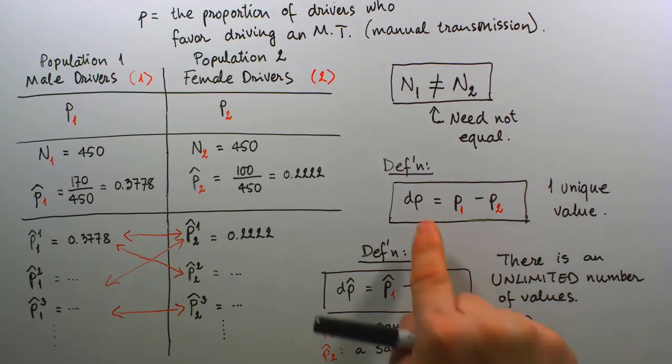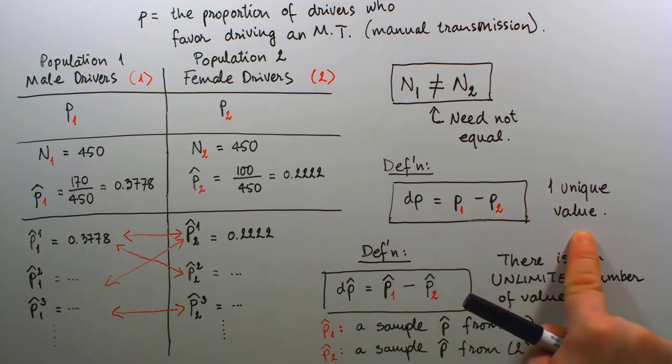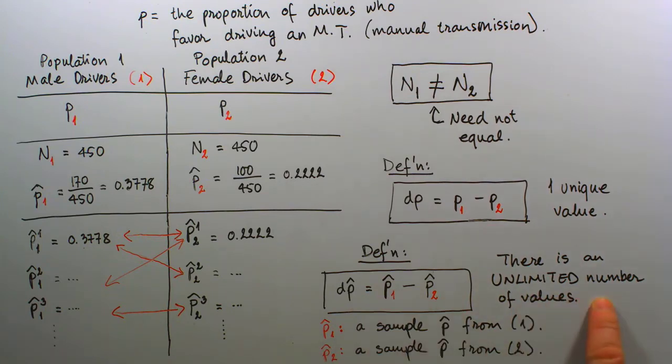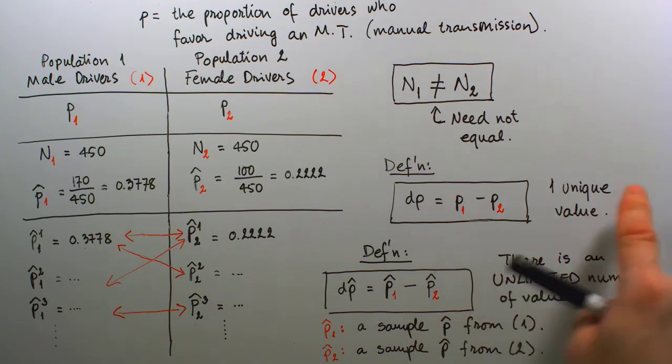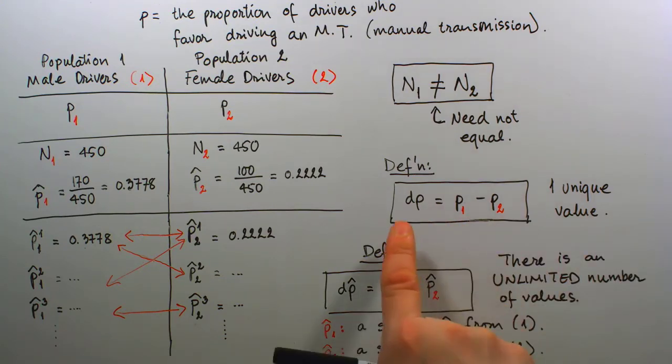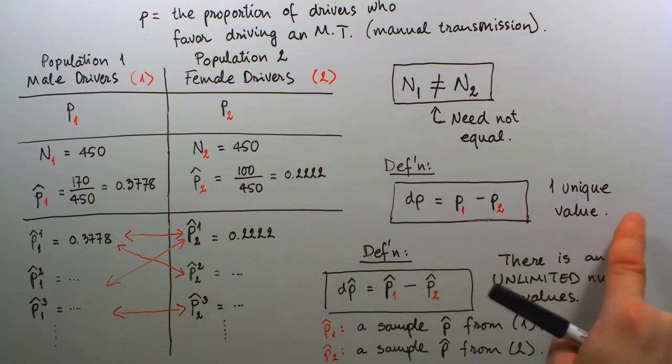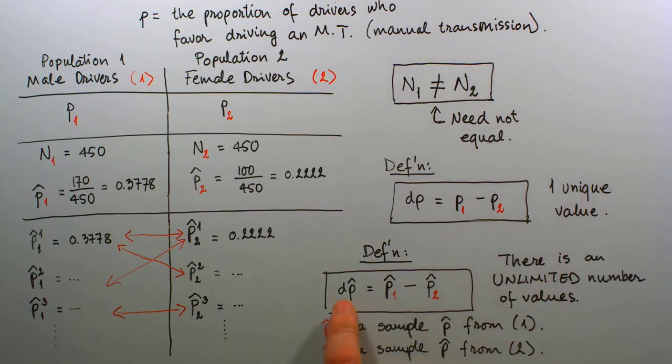So dp can only have one unique value, but for dp hat there are a lot. So take another moment, or feel free to pause the video, to think about the reason why it's like that. dp has only one unique value, whereas for dp hat there is an unlimited number of values.